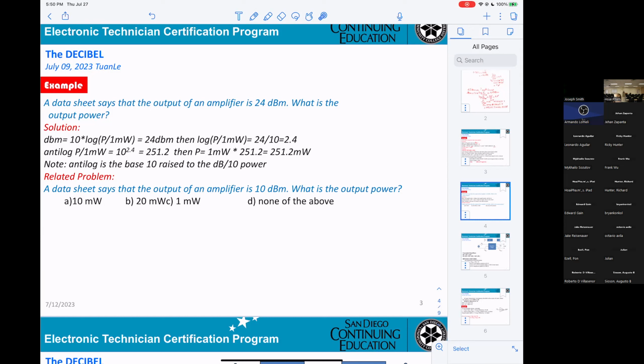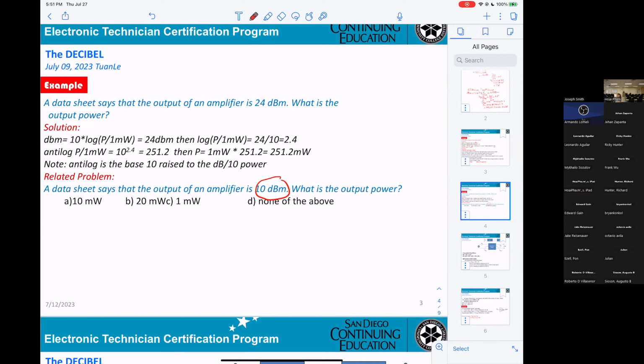Now, a related problem. The data sheet says that the output of the amplifier is 10 dBm. What is the output power?